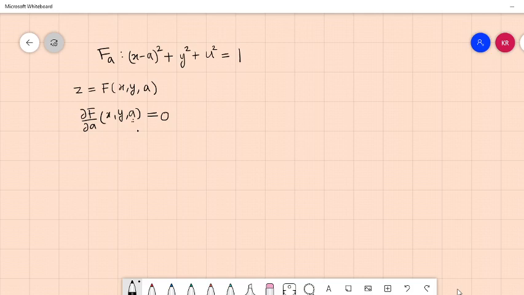So the general method for finding the envelope of a one parameter family is, we write u as a function of x, y, and a, and we write dou f by dou a of x, y, a equal to 0. That is, we differentiate this with respect to a, and we have to eliminate a.